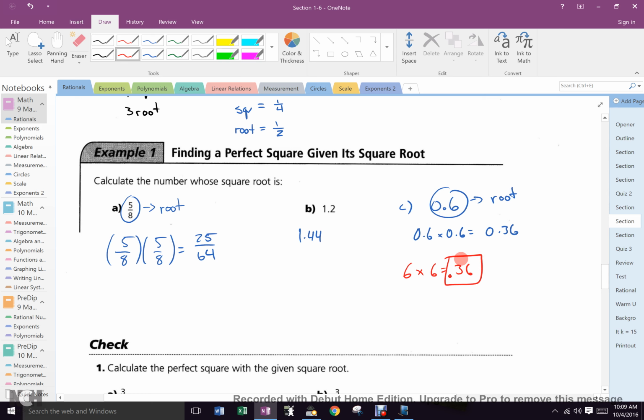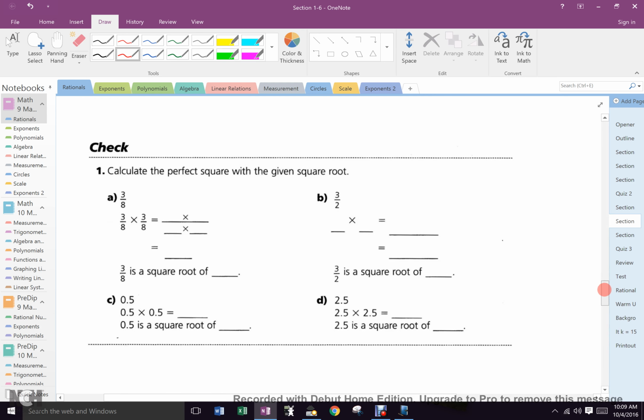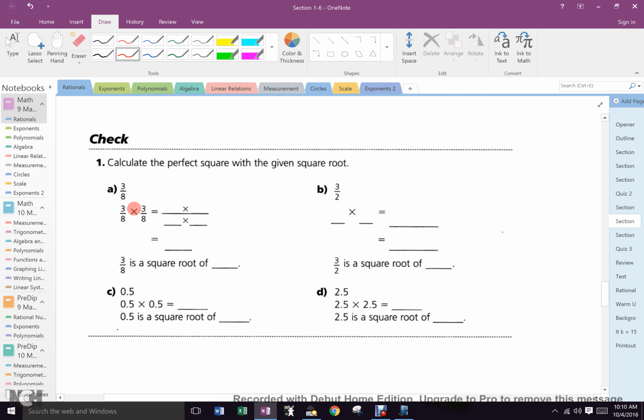Everybody cool? The rules don't change. So 3/8 is 3 times 3 and 8 times 8 to get what? 9/64, which means 3/8 is the root and the square is 9/64.